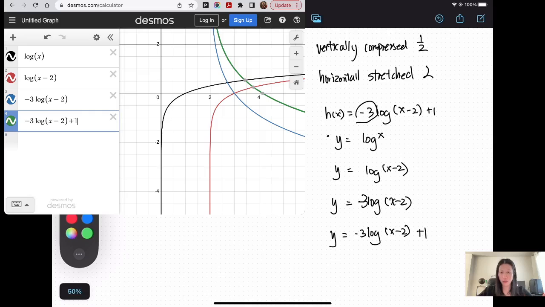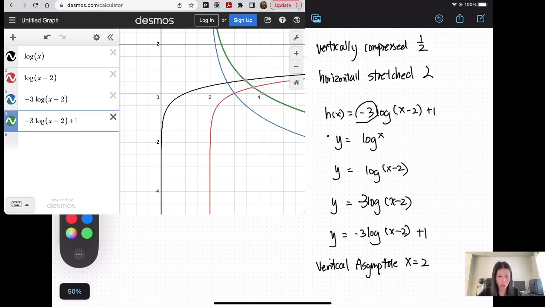So vertical asymptote is not going to change by the vertical transformation. So what will be the vertical asymptote? Well, we only did one horizontal shifting, which is shift to the right 2 units. So that means your vertical asymptote is going to be x equals to 2 now, because shift to the 2.